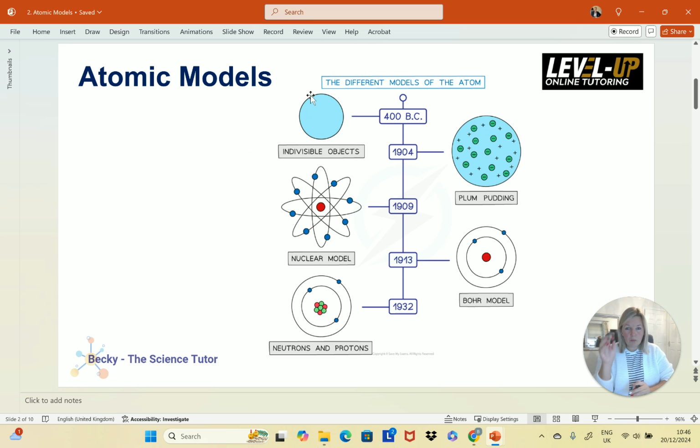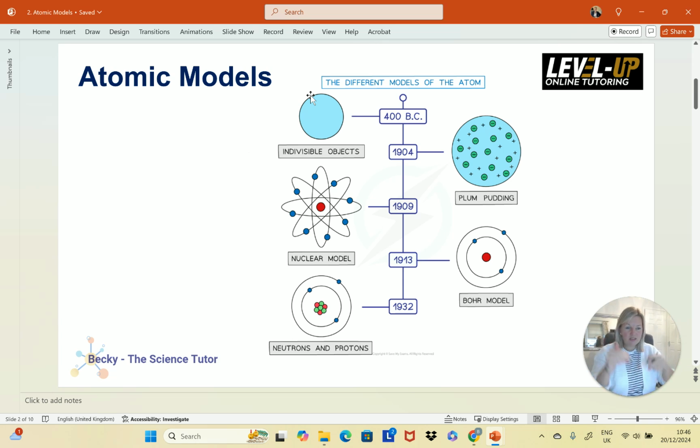So we need to know, why did we go from thinking about it as an indivisible object to what we call the plum pudding model, and I'll go into a bit more about that in a minute too. Now the next big jump is from the plum pudding model to the nuclear model. In this one we have to understand what experimentation was done, what the results were, and why the scientists changed the model again to the nuclear model.